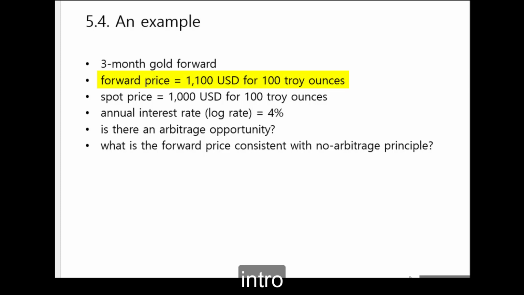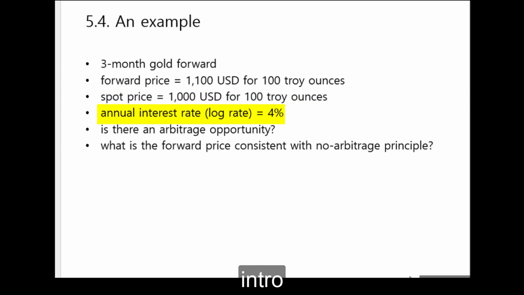And the forward price is $1,100 for 100 troy ounces. And spot price for the same unit is $1,000 currently. So currently you can buy this 1 unit of gold for $1,000. And in the forward contract, the forward price is $1,100.